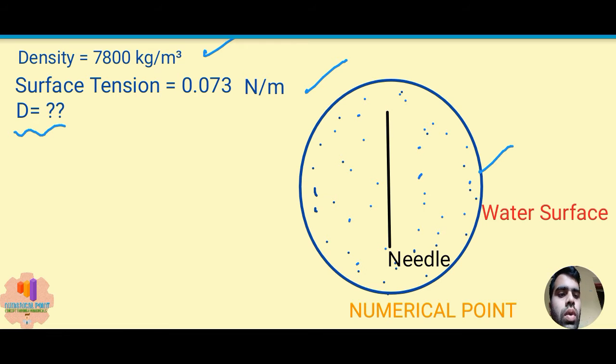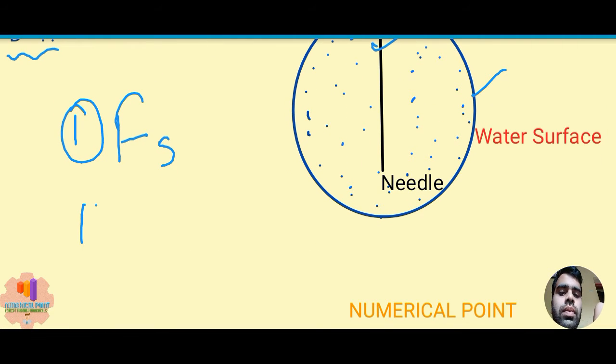Okay, this is the water surface, this is the boundary, and this is the needle on the top of the water surface. Okay, so there are two types of forces that act on the needle. One is the surface tension force and the other is the weight of the needle.